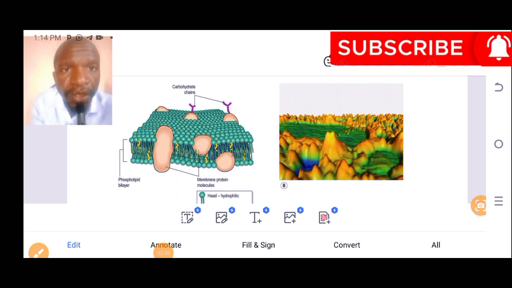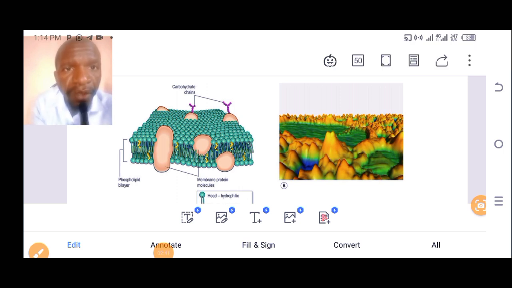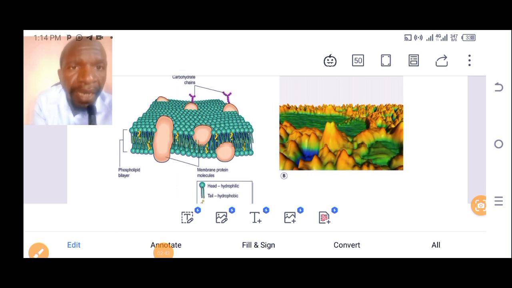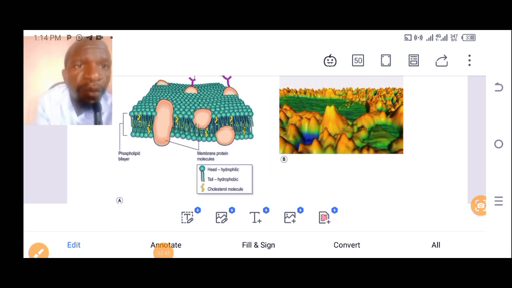I think you can see this arrow which is pointing to the phospholipid bilayer, right? With membrane protein molecules that will be entering through the phospholipid bilayer. This is how substances move across the cell membrane, as we are going to discover later on. I think you are seeing some yellow substances.